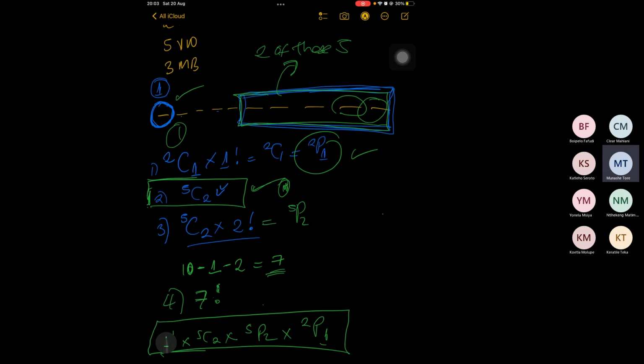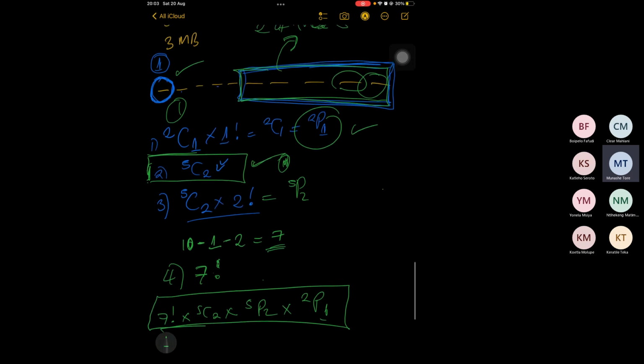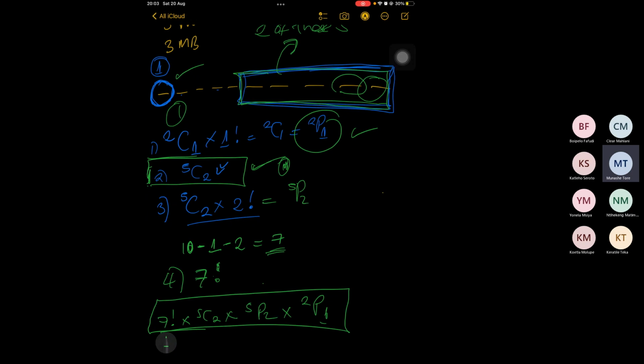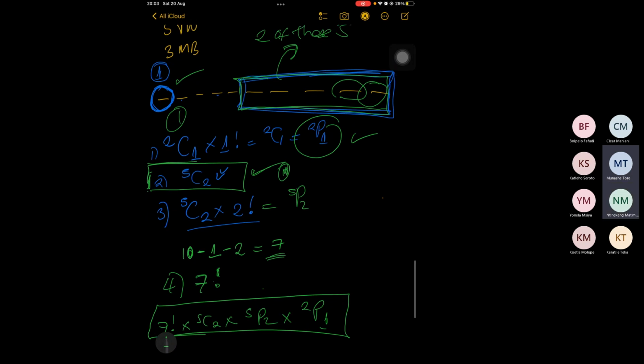We are just choosing 2 positions. Arranging the positions doesn't make sense, because the question was vague, like any two. So the any two can occur at any positions. You just want to choose two positions out of the 5 that you have, regardless of order. The order in this sense doesn't matter. So it's going to be 5 choose 2. Then we go on to the third one now.